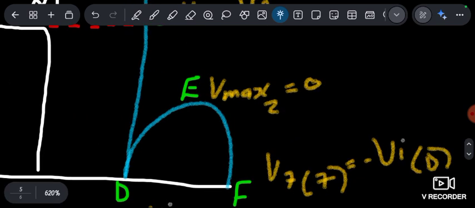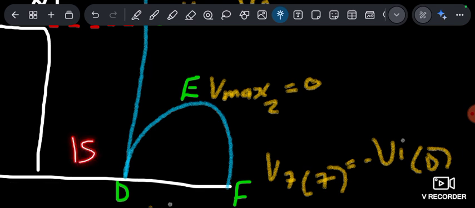If the velocity that it left the ground with is 5, it means that the velocity at F should be the same as velocity of D, and it should be negative 5 meters per second.